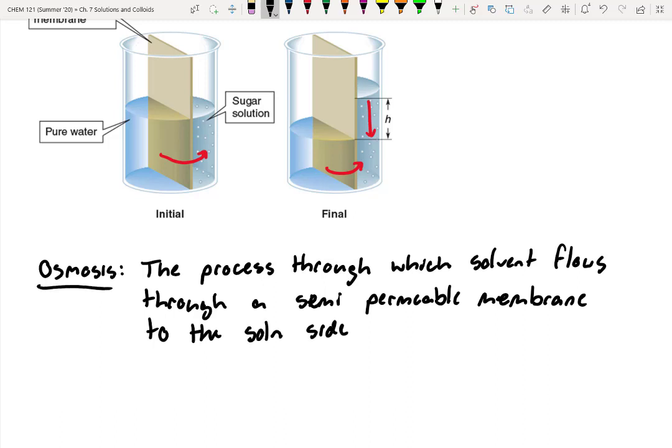All right, so that's the water sneaking through. That's just called osmosis. But then we also have to describe something called osmotic pressure.